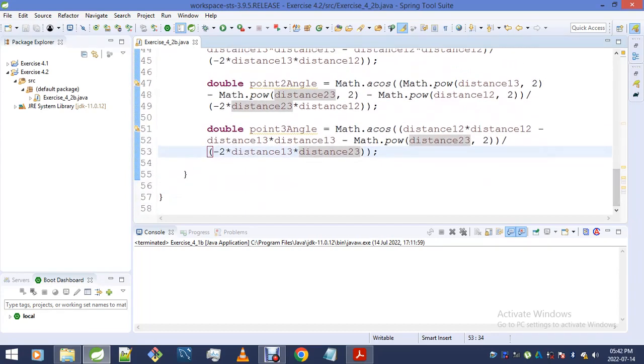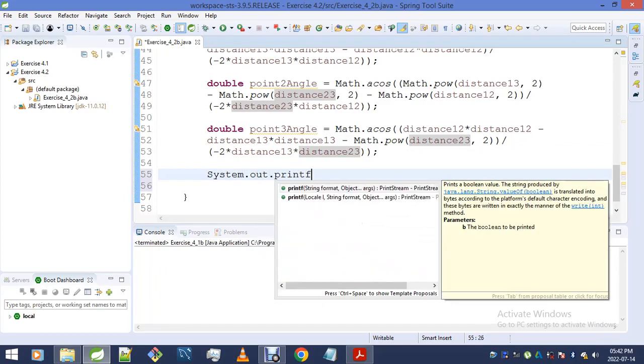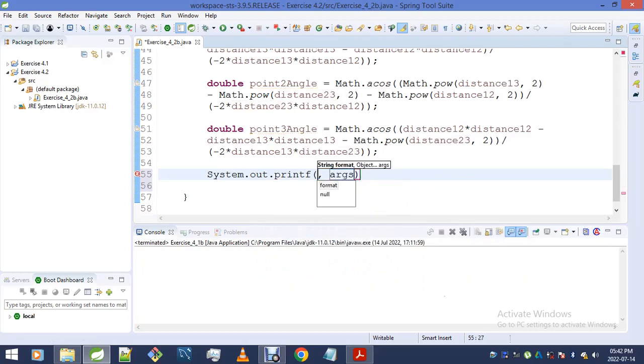Now the next thing for me to do is to simply display the results. That's all, nothing more. So I'll simply use a printf statement. System.out.printf. First point angle.